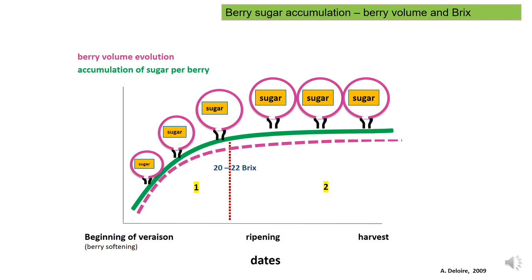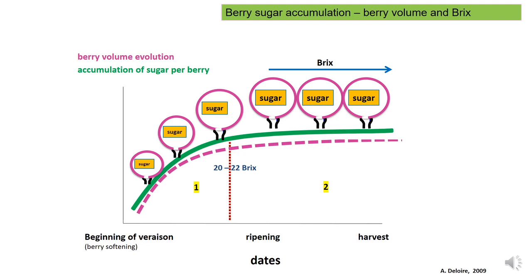As the fruit is accumulating sugar, the fruit is accumulating water as well. So from the plateau of sugar and water accumulation, we can see that because the fruit is not loading any more sugar and water, the sugar concentration, which is expressed in brix, is stable.